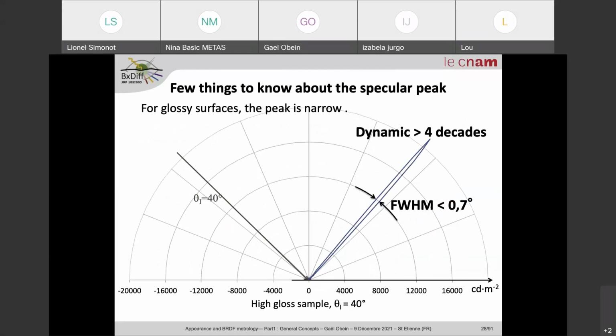And one last thing is that for very glossy surfaces, the peak can become very narrow, something like 0.78 degree for the full width at half maximum, so it's something very small. And at the opposite, it's also getting very tall. It can go up to four decades maybe.